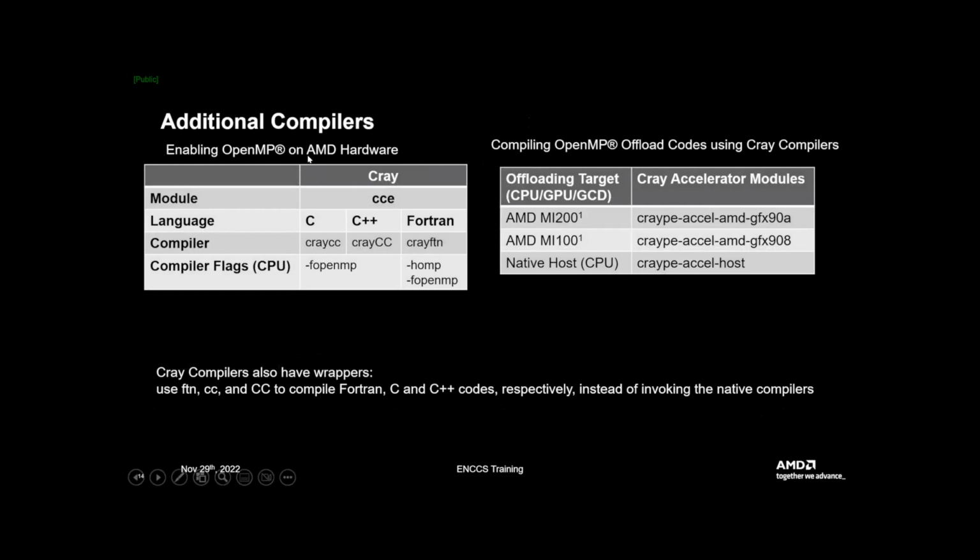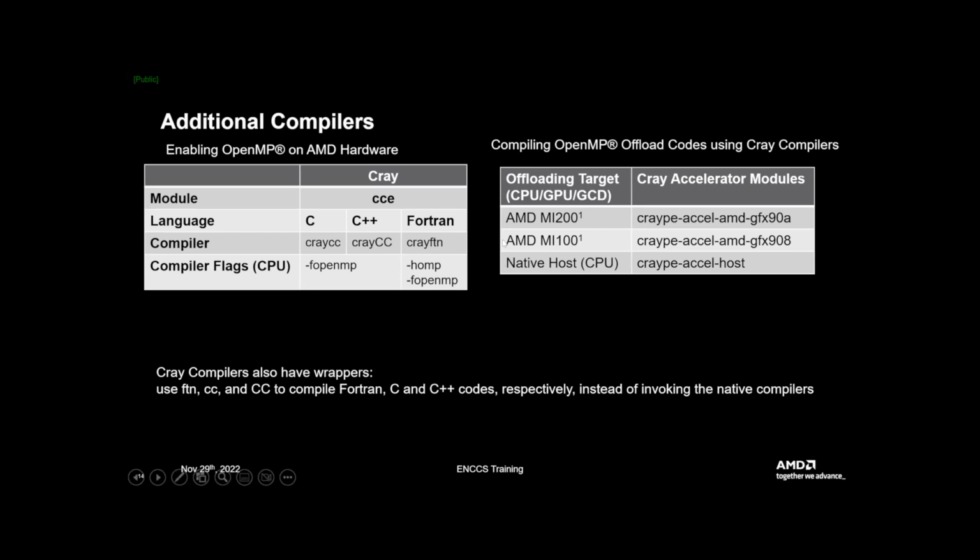Now, in addition to these compilers and flags, if you are using the Cray compiler, it is basically the same idea. The compilers are, as we said, cc, CC, ftn, and so forth. To enable OpenMP, you need to use -fopenmp for C code, and for Fortran you can use -homp or -fopenmp.